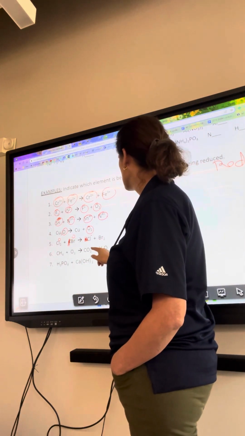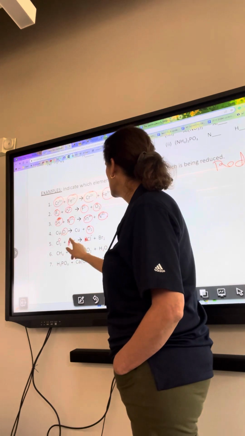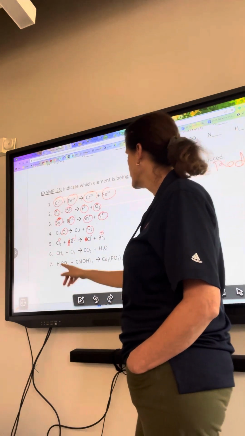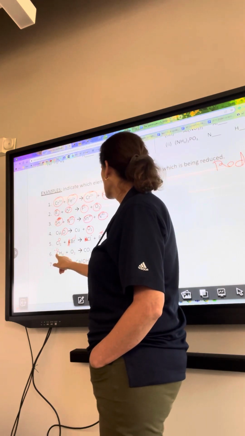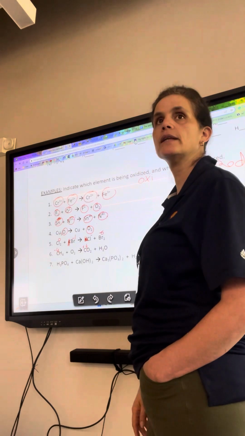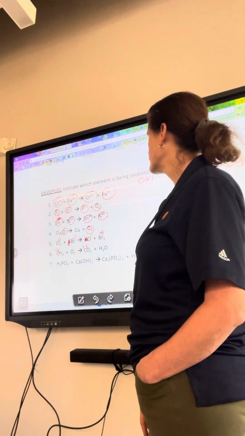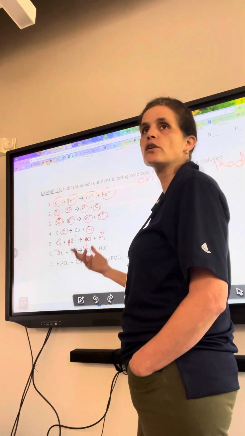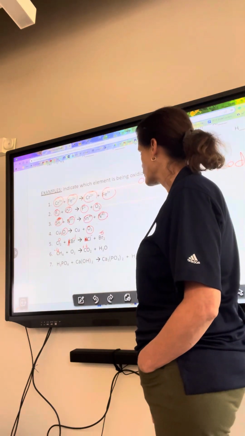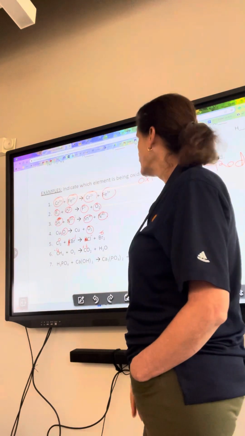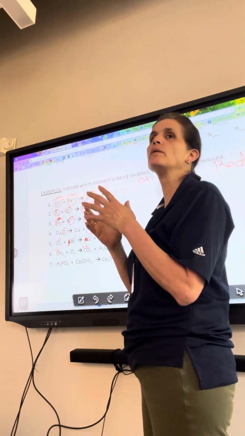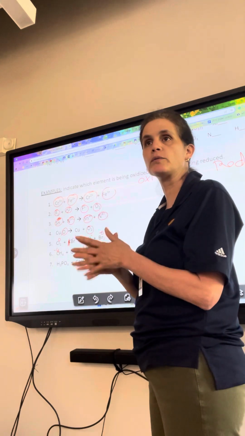Minus 1 to 0, oxidized. Minus 4 to +4. Is that carbon? Yeah. Oxidized, and the oxygen got reduced, which happens in every combustion reaction. What happened to the hydrogen? Nothing happened to it, +1 and +1. Only one element will be oxidized, and only one will be reduced for us.